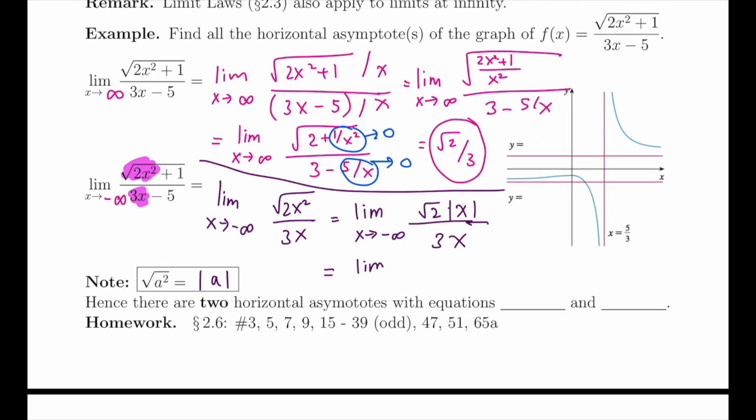So we have the limit as x goes to minus infinity of root 2 times negative x divided by 3x. And the x's cancel out, and you're doing a limit as x goes to negative infinity of minus root 2 over 3, which is minus root 2 over 3.